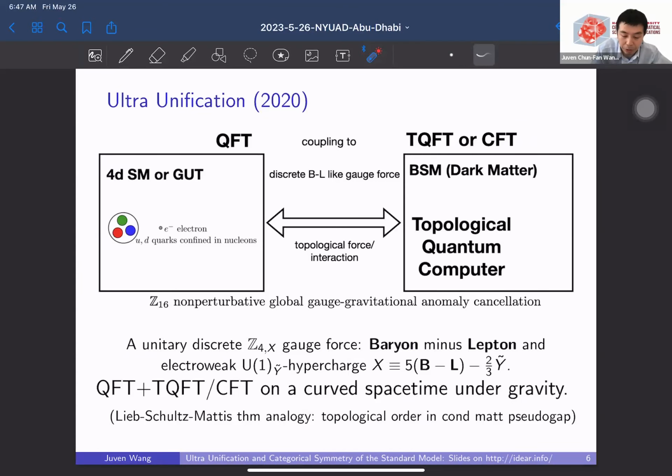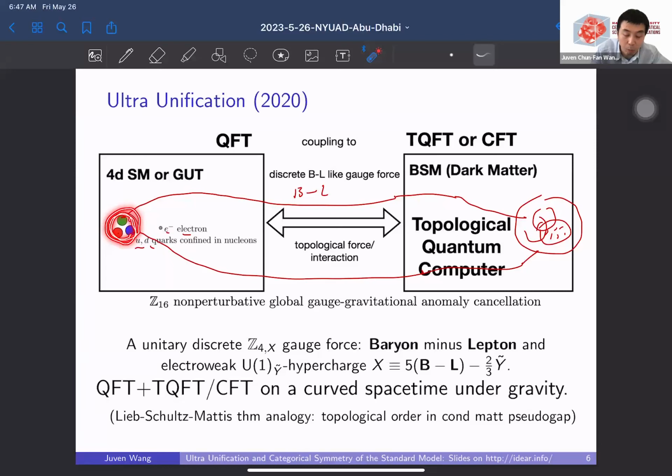They can carry the same B minus L type of gauge charges. So there is some kind of topological interaction between our sectors, the quarks and leptons, somehow wired, presumably wired, and interacting remotely through topological interaction with these hidden sectors when the B minus L becomes dynamically gauged. So this is the kind of way.